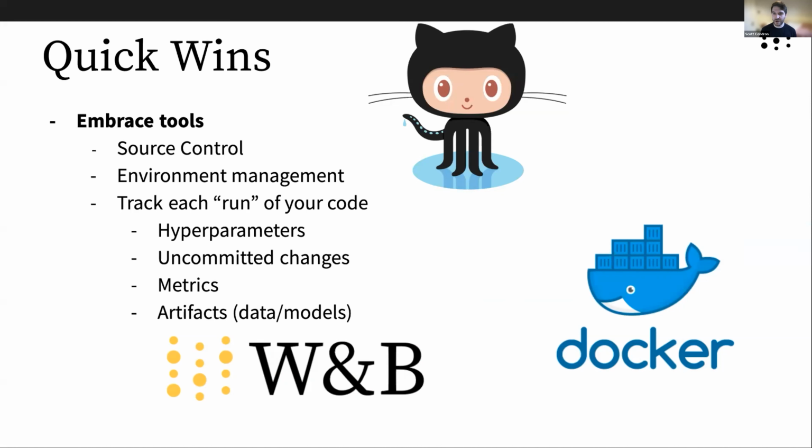If you're not using source control, that's ground zero. But other things that maybe smaller businesses would have less adoption for, that I encourage people to get started with, are experiment or environment management tools like Docker, or even something as simple as Conda, which is a little bit less powerful than Docker, but you can still use it to capture the state of your environment and some of the dependencies that the code relies on.